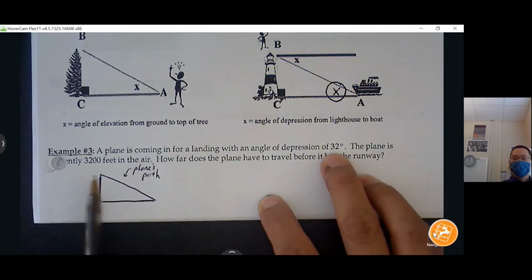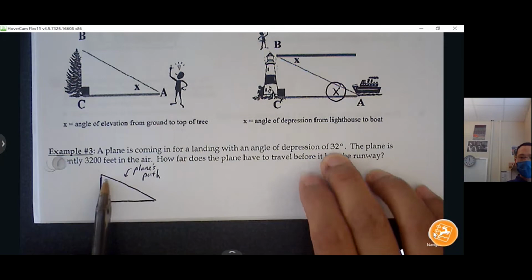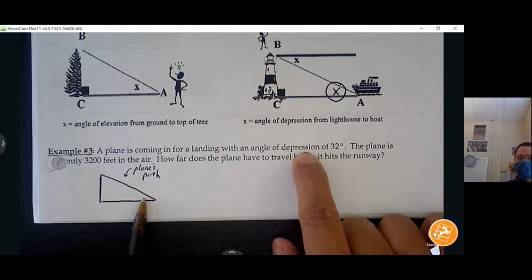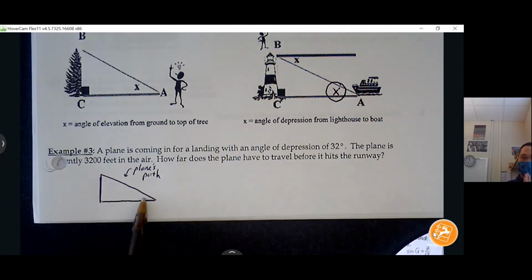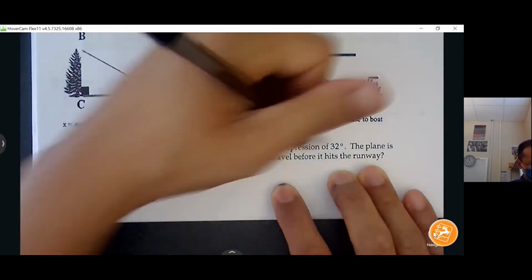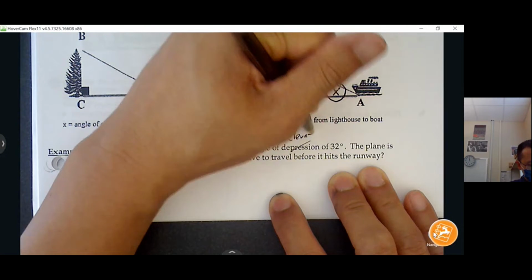With an angle of depression of 32 degrees. Now, we never want to put that angle up here, so pretend like it's angle of elevation and just put it in the same spot as angle of elevation. It's always going to be in the bottom corner of your triangle. So just pretend like you're reading it as elevation.